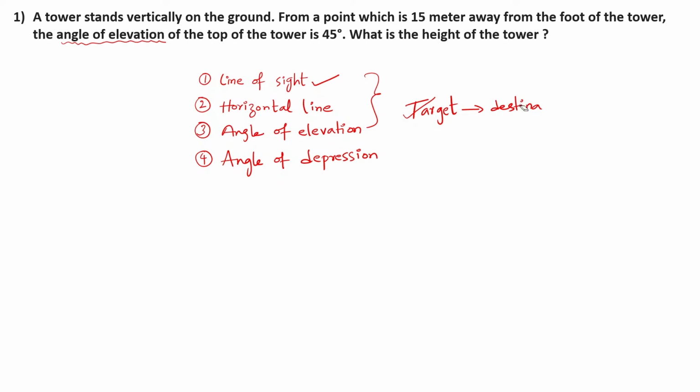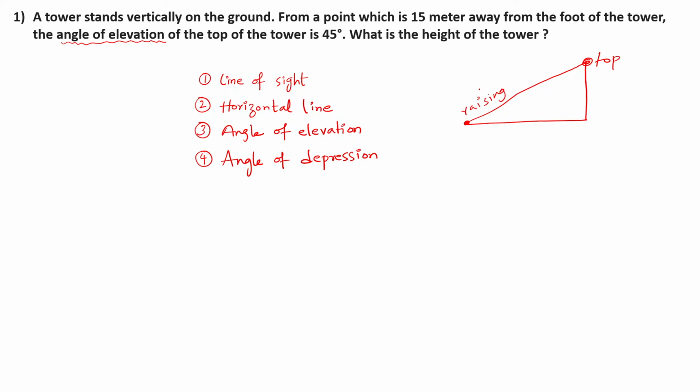So as you know what are observer and target, now let us go to the line of sight. For example, this line is the ground level. You are standing here. There is a tree here. You are observing the top of the tree by raising your head.